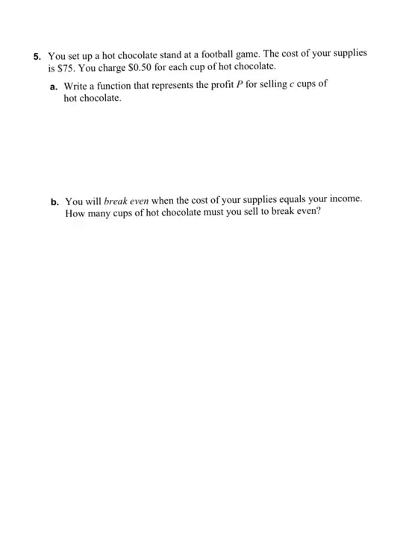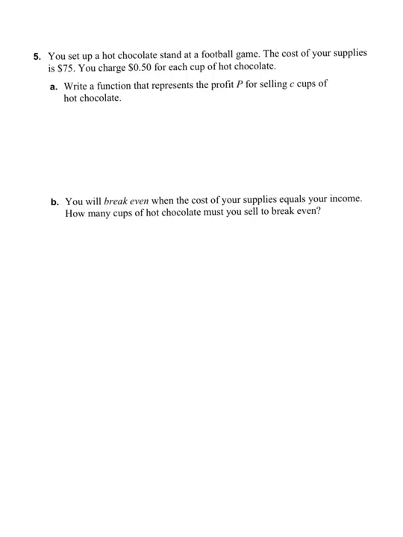For question number 5, it says, you set up a hot chocolate stand at a football game. The cost of your supplies is $75. You charge 50 cents for each cup of hot chocolate. Write a function that represents the profit, P, for selling C cups of hot chocolate.